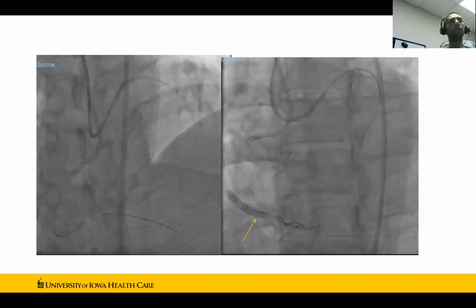So we switched over to our retrograde technique. You see a wire coming over from the left LAD through the septal collateral and coming back into the PDA. The patient had a dense, fibrotic, long CTO, so we had to make sure that we dilated. This is using both antegrade as well as retrograde techniques.